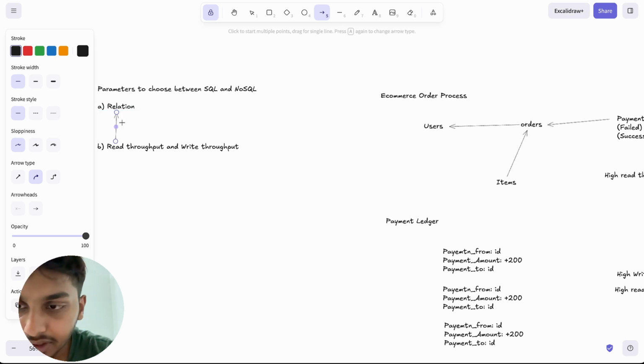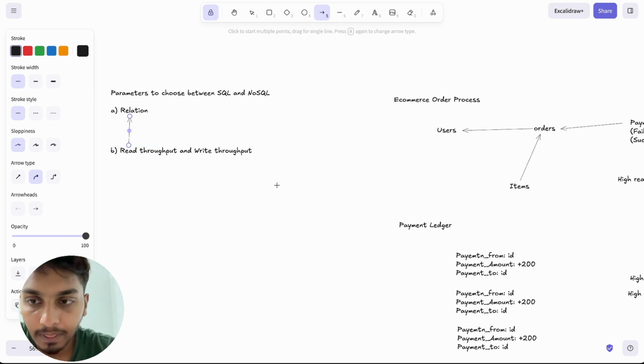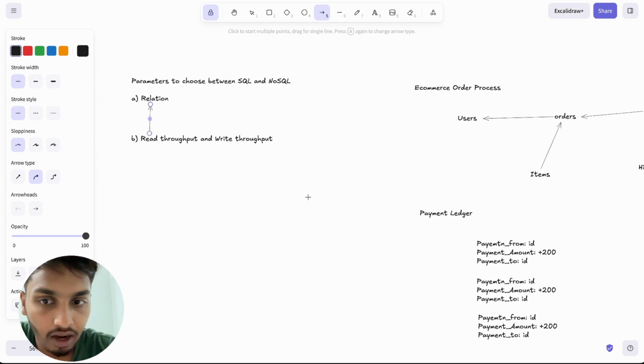If the relationship is complex, SQL will have higher read throughput, which means it could read a lot more data in a second than a NoSQL database. But if the relationship is not very complex, NoSQL will have higher read throughput.